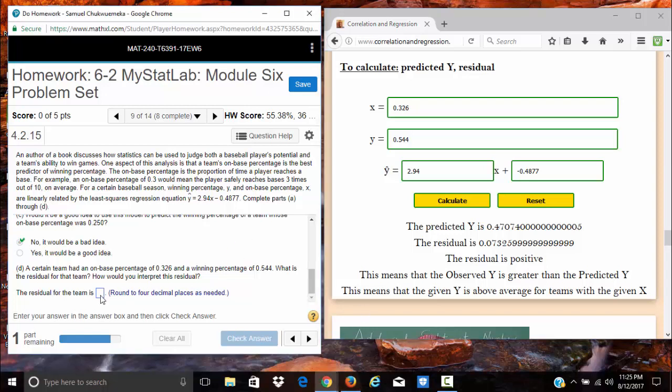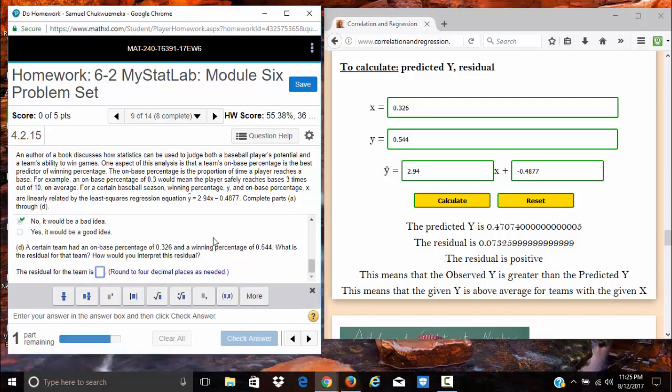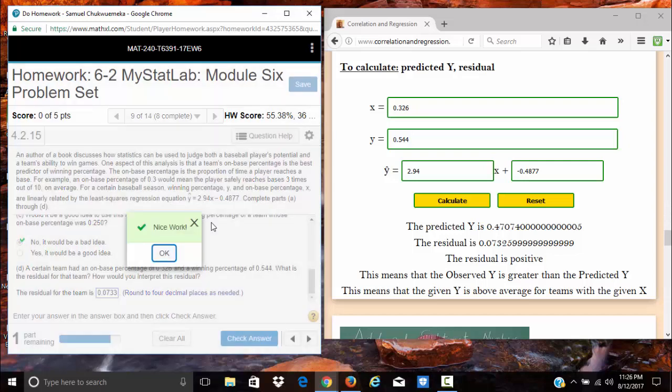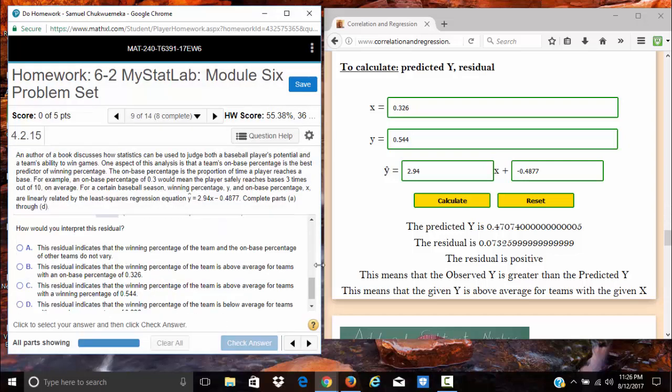So the residual to 4 decimal places would be 0.0733. Okay, that's the residual. This means that the given y is above average for teams with the given x.